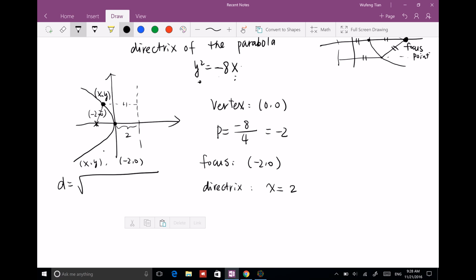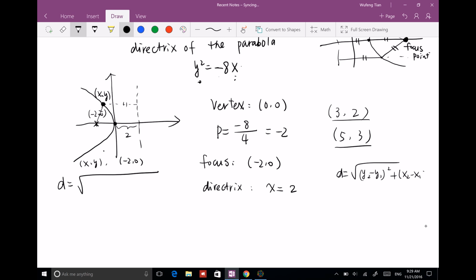We're trying to find, given those 2 points, the longer side. For example, I give you 3, 2 and 5, 3. Can you find the distance between these 2 points? Would it just be y2 minus y1, or no, that would be the slope. I can't remember right now. y2 minus y1 squared plus x2 minus x1 squared.